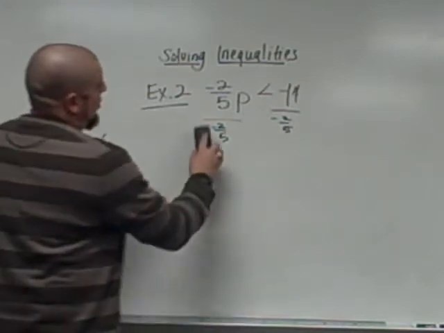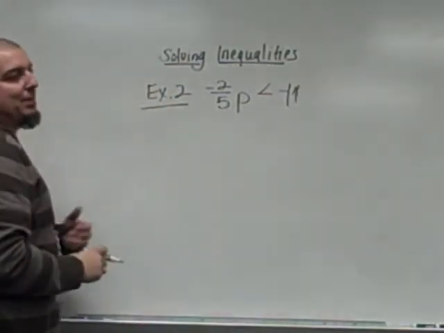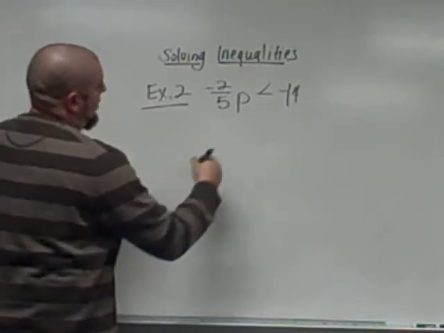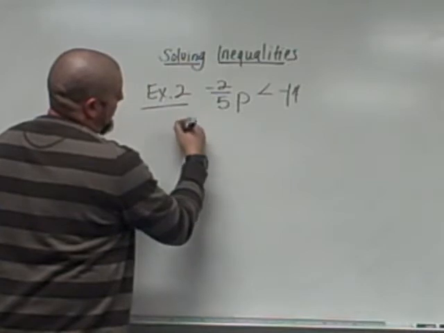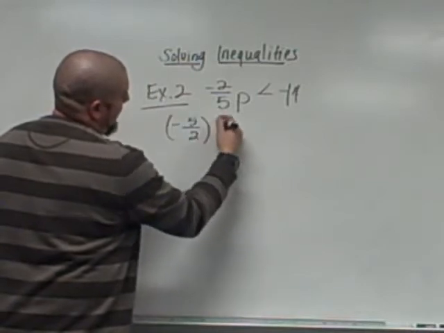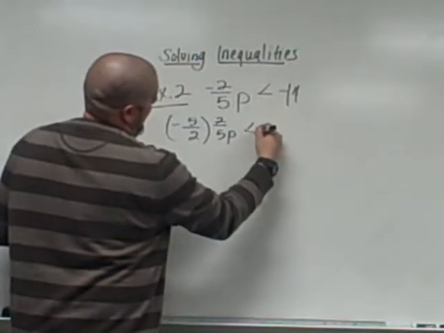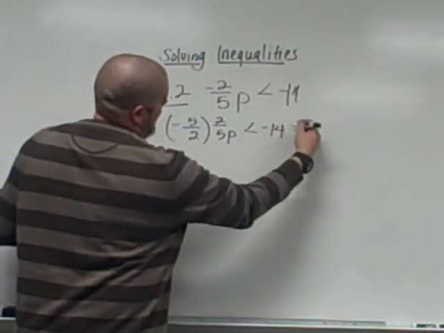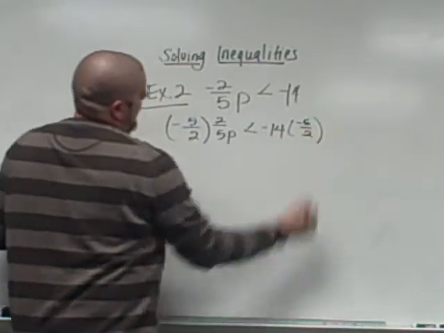But when we're solving this on paper, because we have a fraction, we can't divide by a fraction. So what we need to do is multiply both sides by the reciprocal. So negative 5/2 times 2/5 p, and then on this side, negative 14 times negative 5/2.